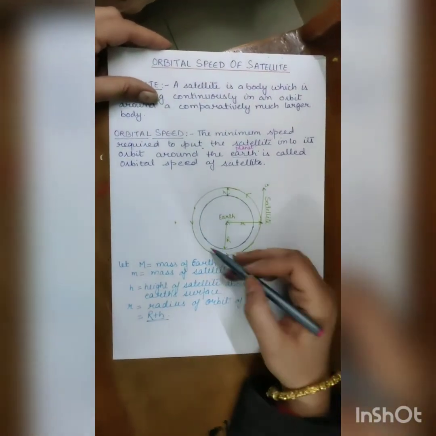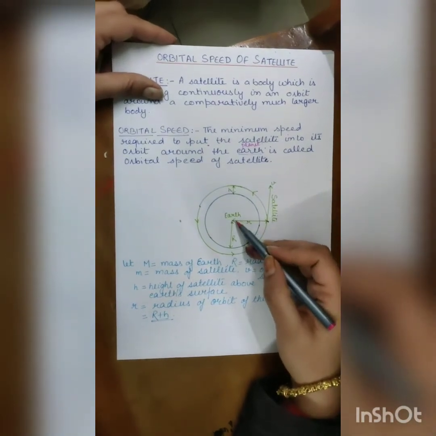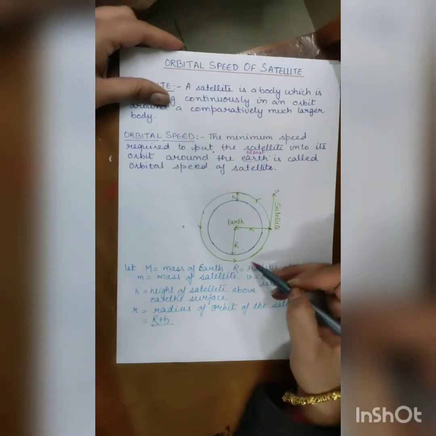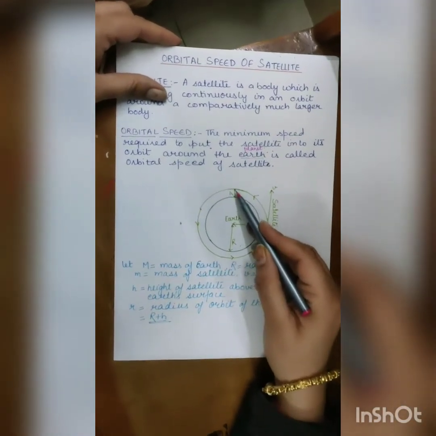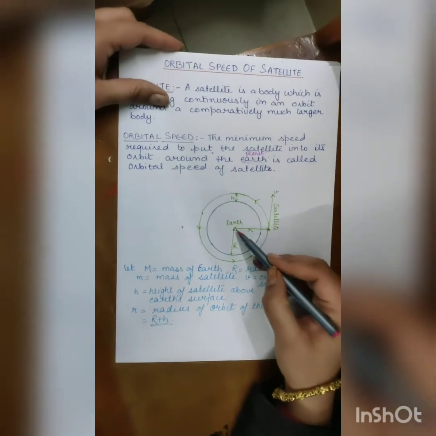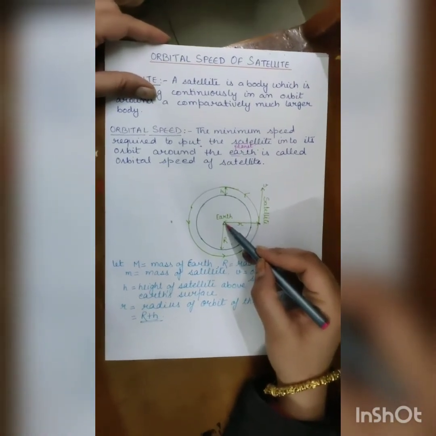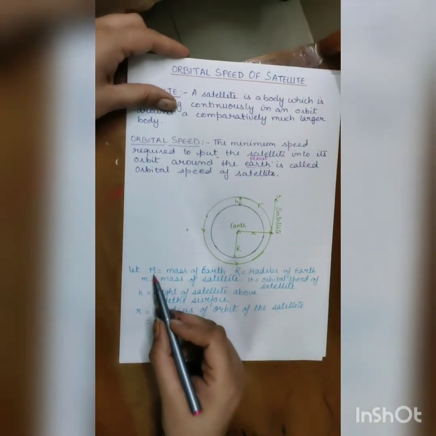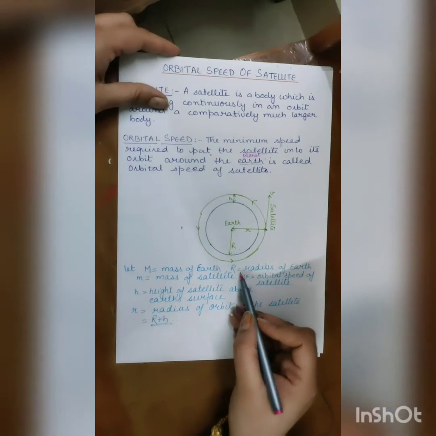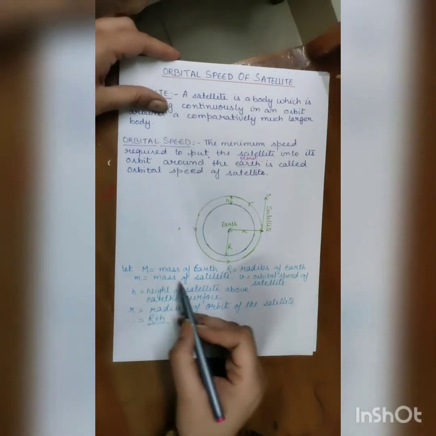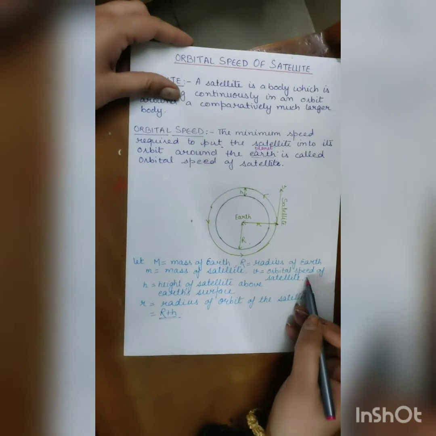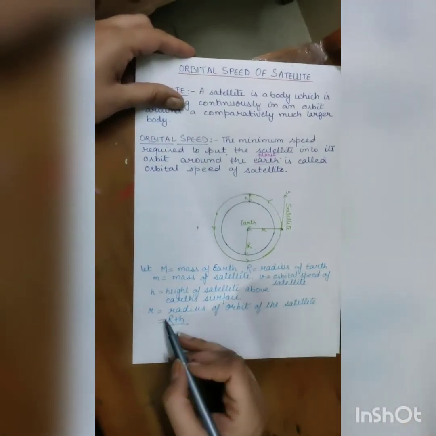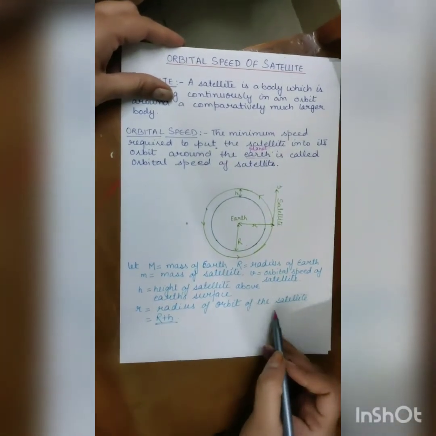For this, here is the diagram. There is Earth, and around the Earth the satellite is revolving in an orbit at a height h and at a distance r from the center of the Earth, not from the surface of the Earth. Let us assume that capital M is the mass of Earth, capital R is the radius of Earth, small m is the mass of satellite, small v is the orbital speed of satellite, small h is the height of satellite above Earth's surface, and small r is the radius of orbit of the satellite.